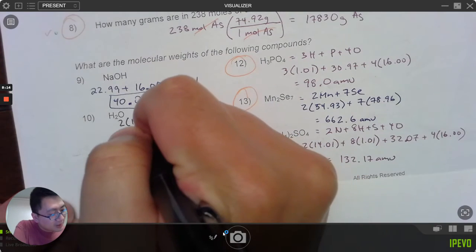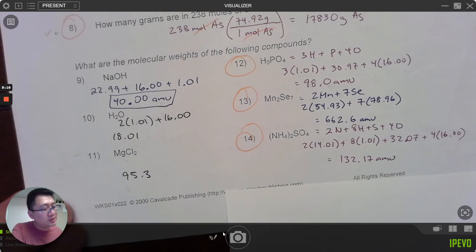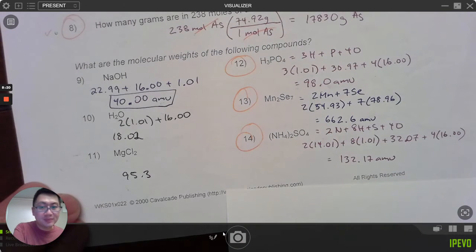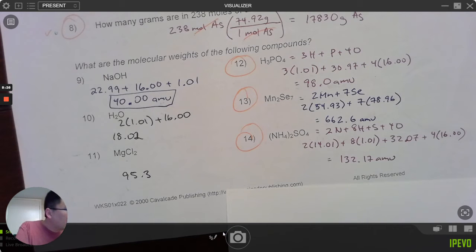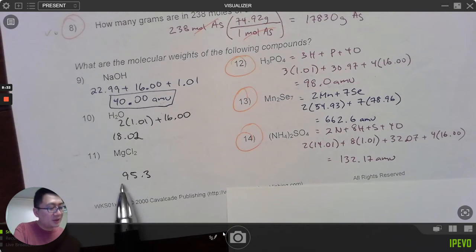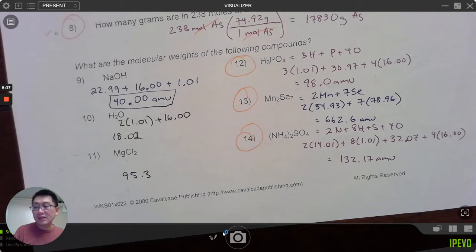Okay, fine, let's add an extra digit: 18.02 AMUs. Next one, magnesium chloride. Look up magnesium on a periodic table. I don't remember what magnesium is off the top of my head, and I add 2 chlorines to that, and I got 95.3. I know I didn't show the work here, but we just need to look them all up on the periodic table.